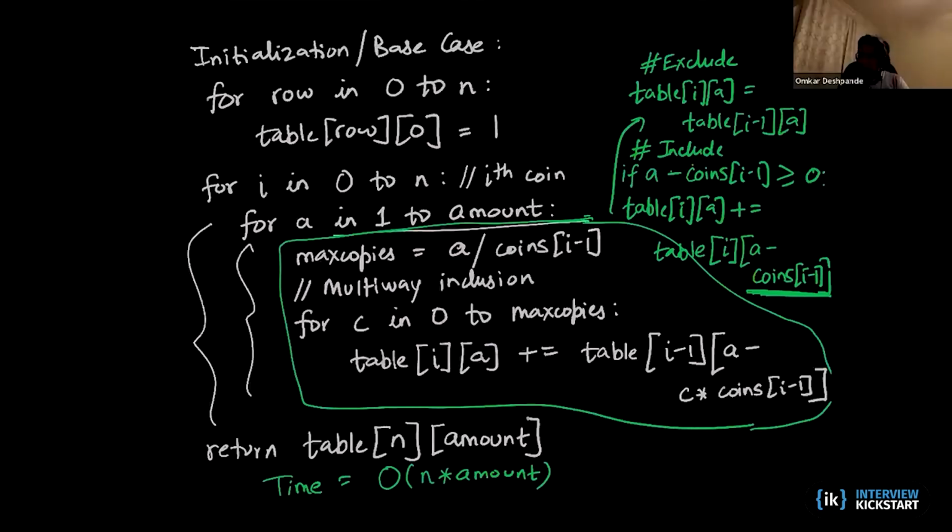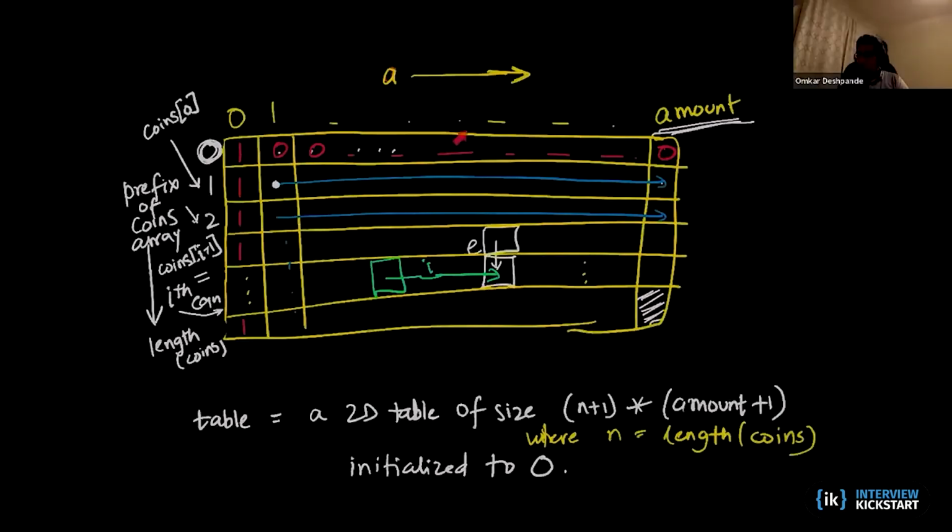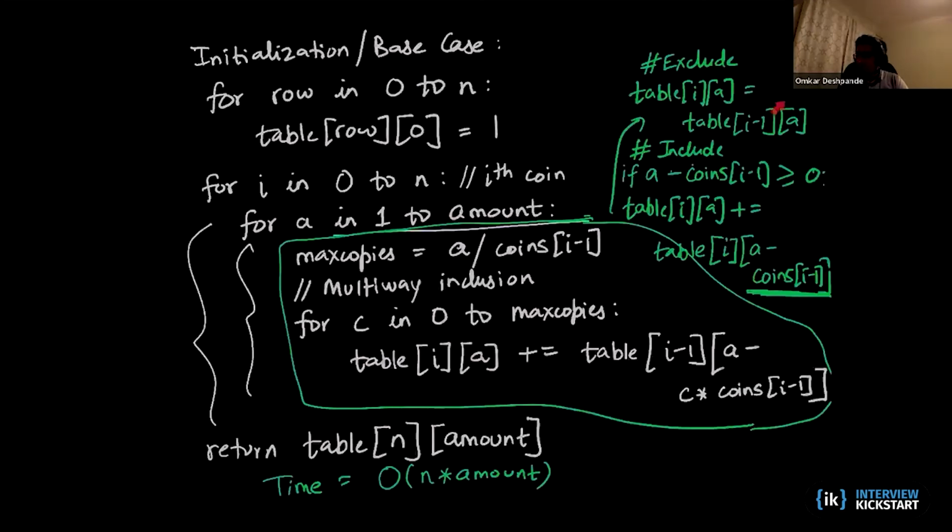Yes, because as you see here, we are relying on the I minus 1 index. The other way to do it is to not have all zeros here, but start with the 0th coin. But then we would need to make sure that this does not run if I is 0.